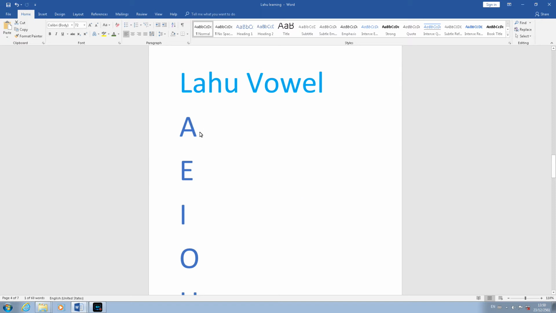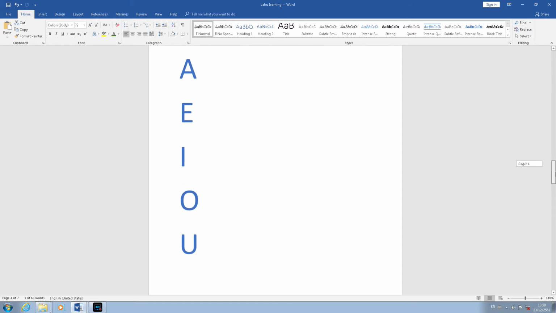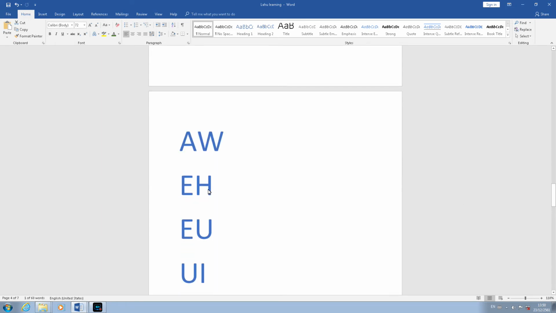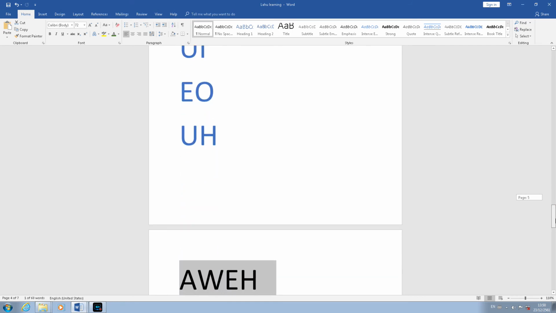This is the Lahu vowels and sounds. A, E, O, O, Oi.